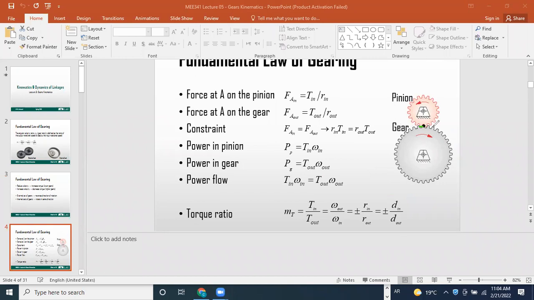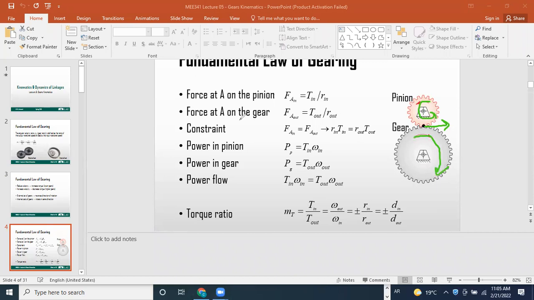Here, for example, in this case, the linear velocity will be in this direction because the pinion is rotating counterclockwise. So from the right-hand rule, you have the velocity towards the right. And for the gear, because you have same velocity, then omega should be clockwise. So it should be opposite to omega of pinion to have same direction for the linear velocity.